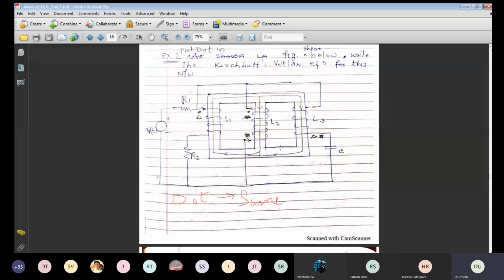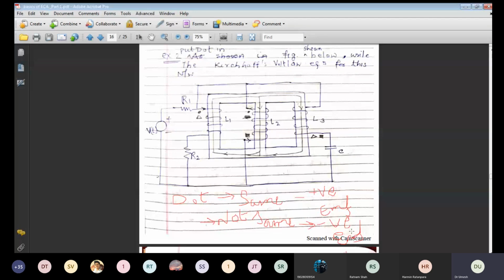Entering with entering, if the same, you can take a positive EMF induced. If the dot position is not the same, then you can take this as a negative EMF. I will explain in detail. That is positive EMF, negative EMF, right?